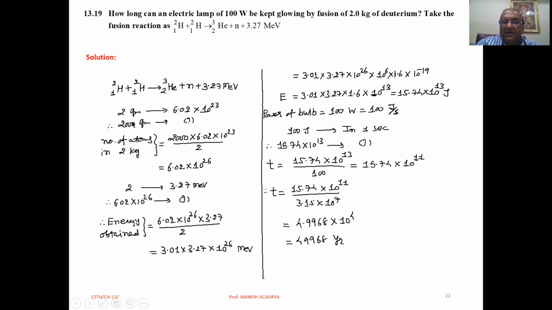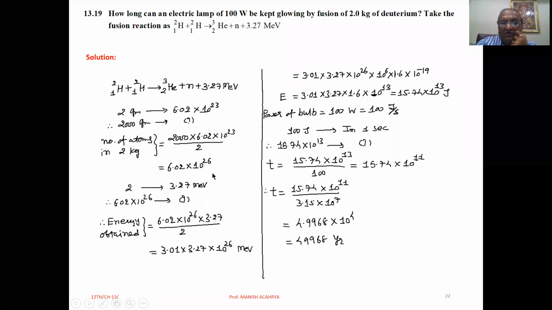So if we take 2 gram deuteron, the number of atoms will be 6.02 × 10^23. In 2 kilogram, meaning 2000 gram deuterium, how many atoms will there be? Number of atoms in 2 kilogram is 2000 × 6.02 × 10^23 by 2, which gives 6.02 × 10^26.